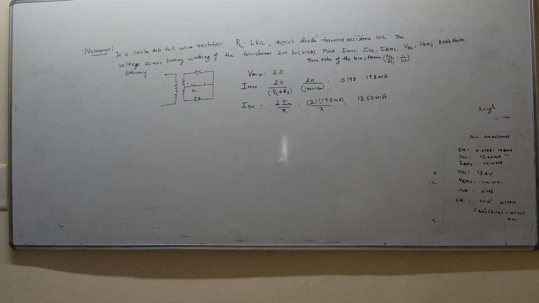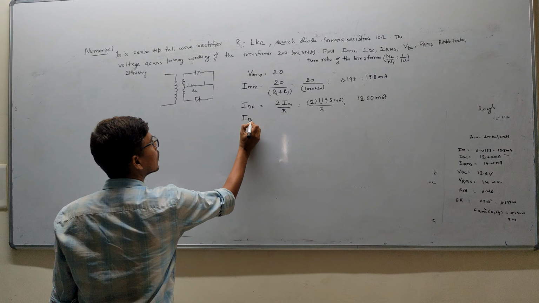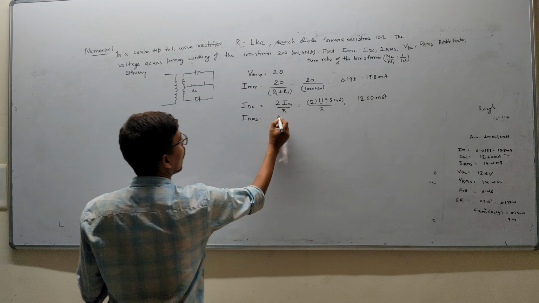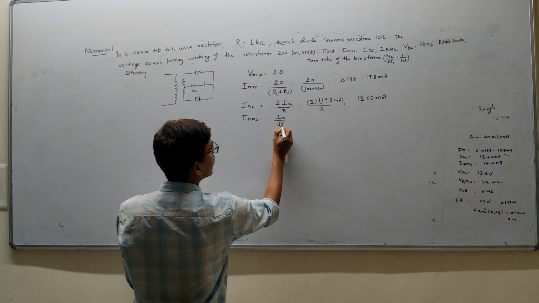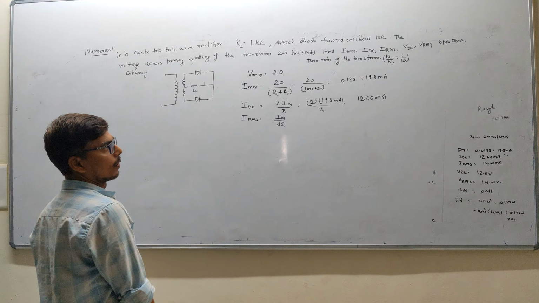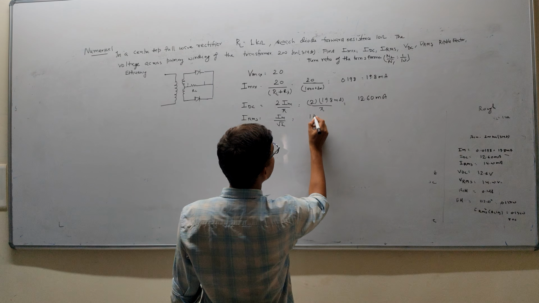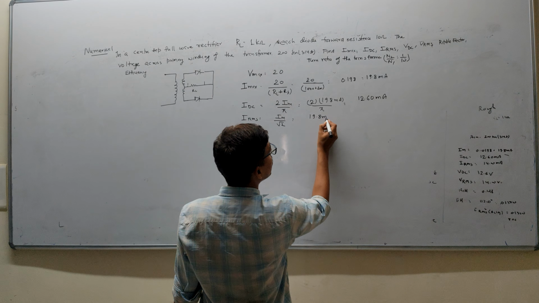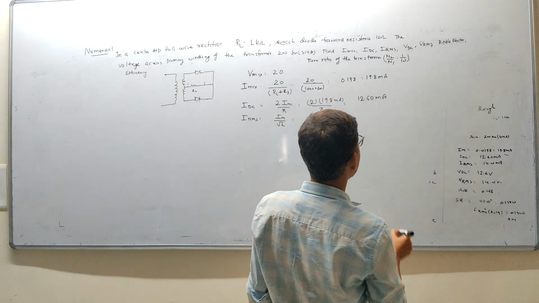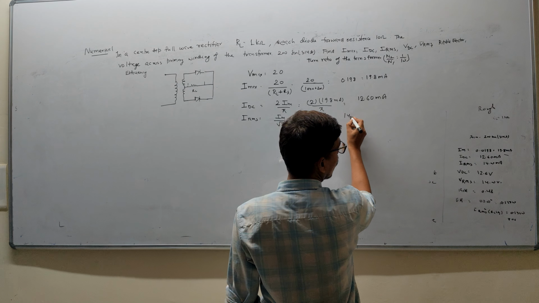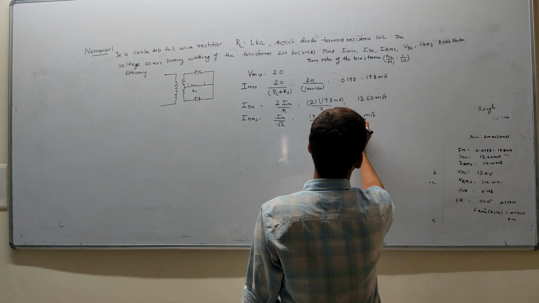Just note it down. And then IRMS comes out to be Im by root 2. We have already derived it. Im is 19.8 milli upon root 2. It comes out to be 14 milliampere.